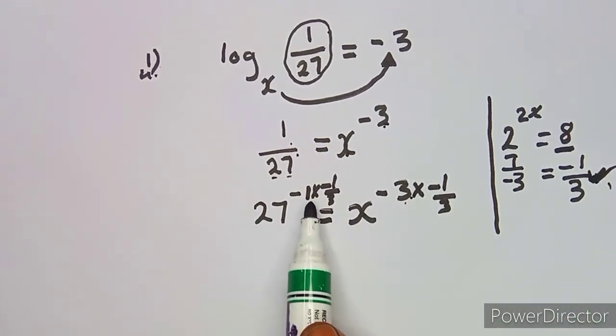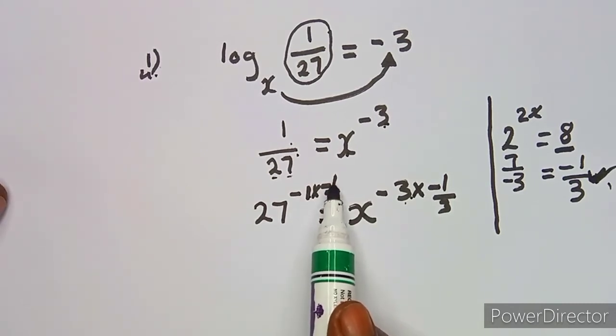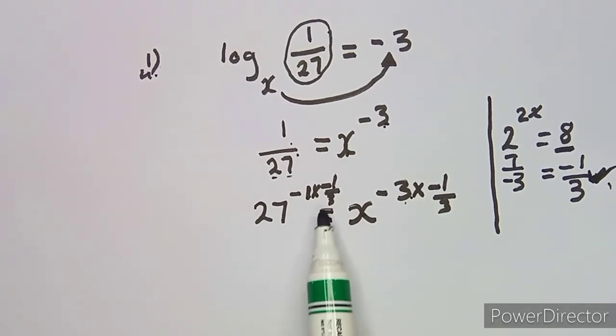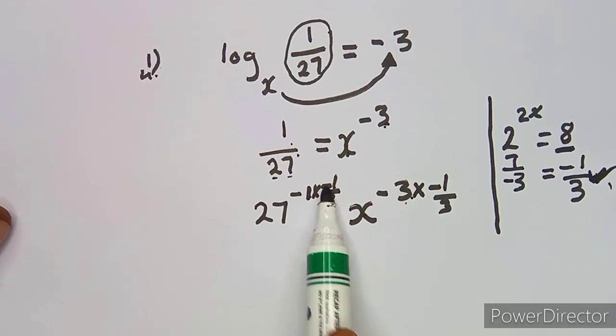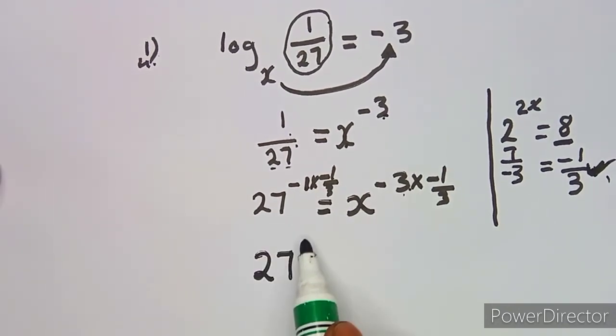So if you multiply from your calculator, minus 1 times minus 1 over 3, it's going to give you a positive, so that's going to be positive 1 over 3.